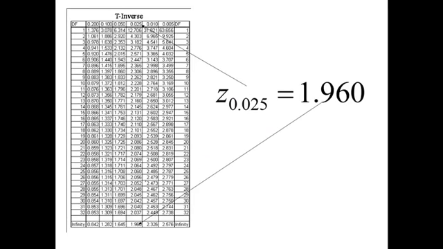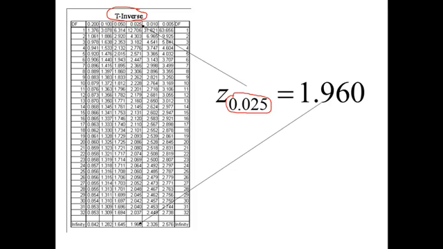Okay, the way we find it is by using what's called a t-table or a t-inverse table. What you do is use your subscript. In this case, beta is equal to 0.025.